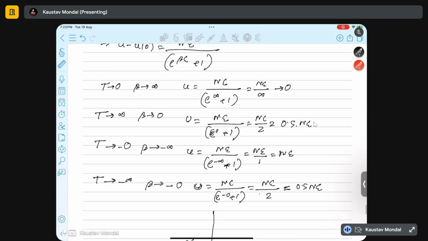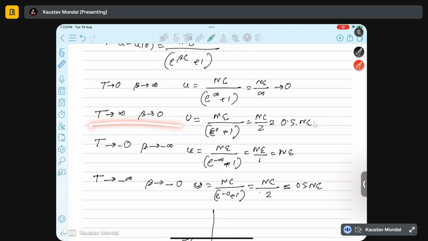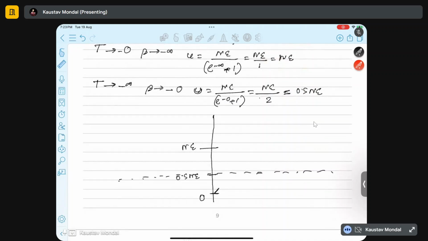Now if T tends to infinity, beta tends to 0, and then the whole internal energy will asymptotically reach the value 0.5 into n epsilon. That means the graph will look like this.